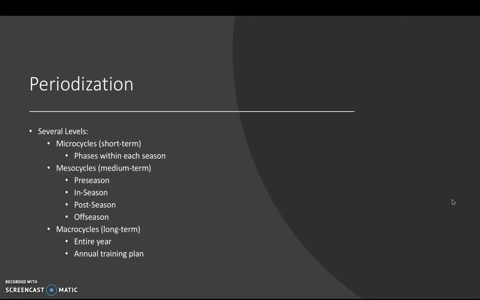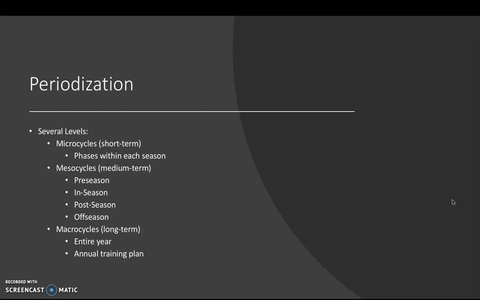Macro being long term. This is the kind of planning that you have for an overall year. It's an annual training plan. So, looking at the season as a whole, where you want to incorporate certain movements and so on, which we'll talk about. Mesocycles are basically breaking it down by the season, so preseason, in season, postseason, and off season. And then the microcycles take each season and have a phase within that season.